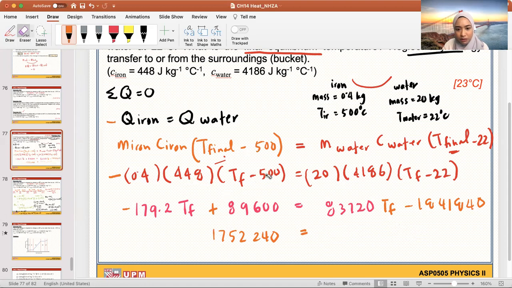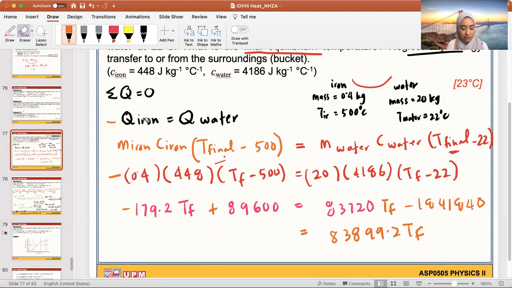Negative and then this guy is positive. Okay, betul. So that is 83899.2 TF. So I brought this guy to the other side, becomes a positive. This guy, bring it over here, becomes positive. Hopefully that will be correct now.